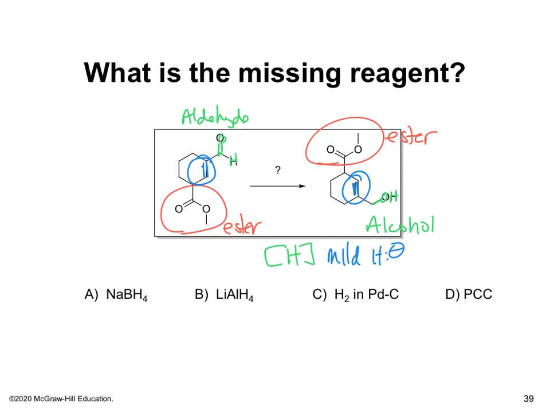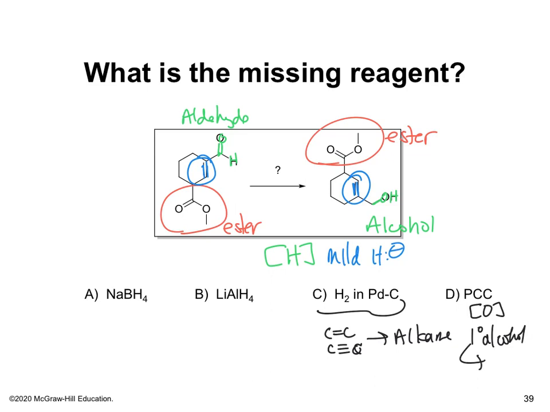This one is good for reduction of double bonds and triple bonds to alkanes, but that didn't happen. This is an oxidizing reagent. It goes from primary alcohols to aldehydes, but we did a reduction here, from an aldehyde to an alcohol. So that would be sodium borohydride, because you need a mild reducing agent.